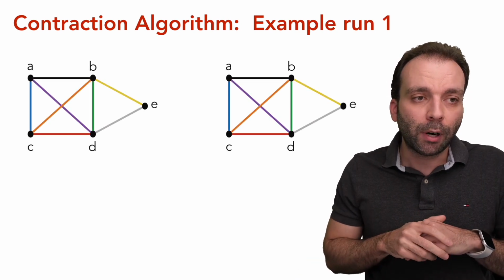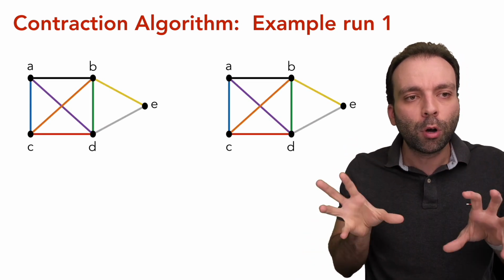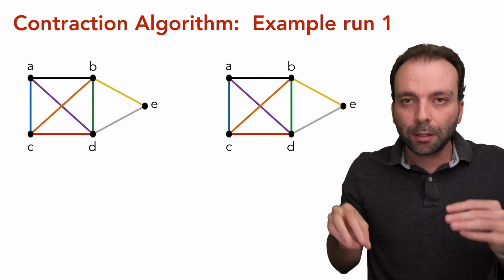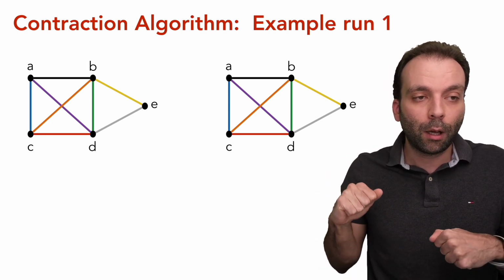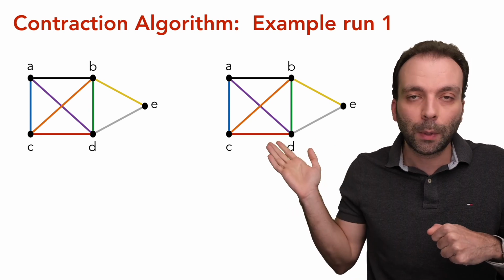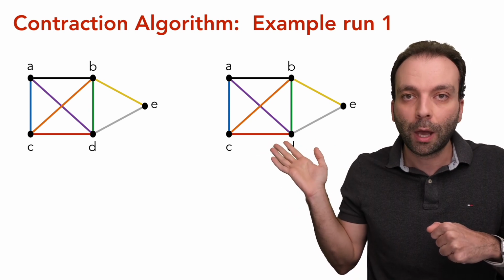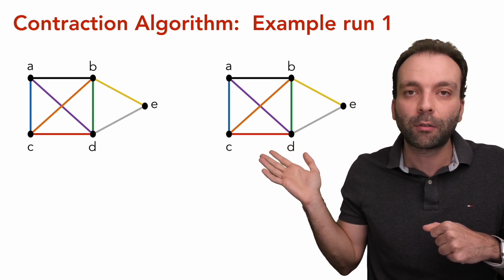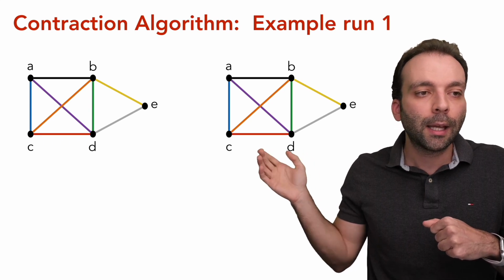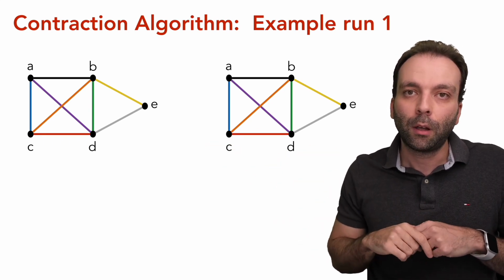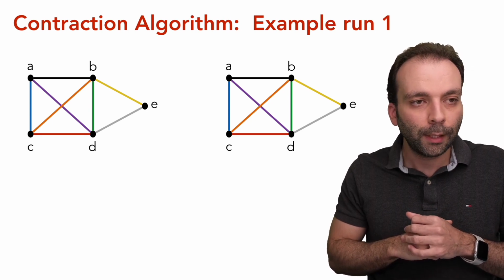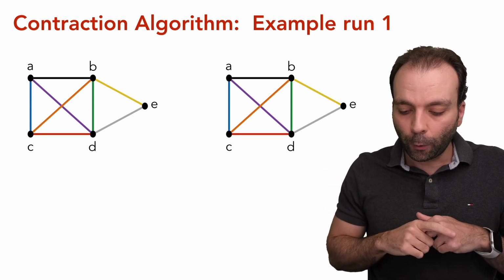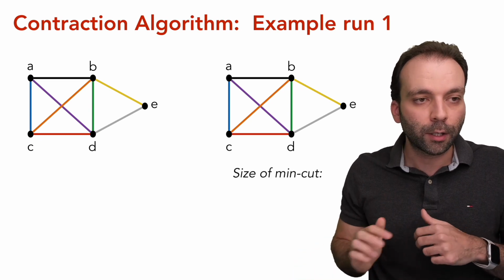Here's my example graph, and I'm giving you two copies of the graph because as the algorithm proceeds, I'm going to modify one of them. On the right-hand side, I'm going to keep the original as a reference for the graph we started with. Before I begin, what is the min cut value for this graph?